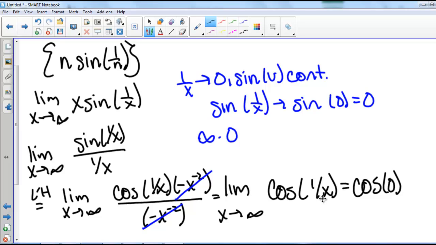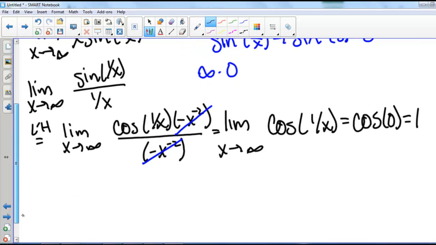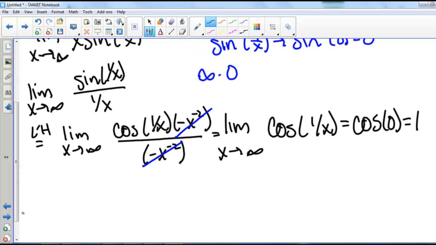Cosine of u is continuous, so cosine of 1 over x goes to cosine of 0, which equals 1. So since the limit of our function is 1, the limit as n goes to infinity of our sequence is 1 and converges.